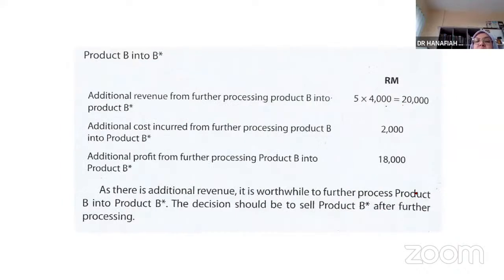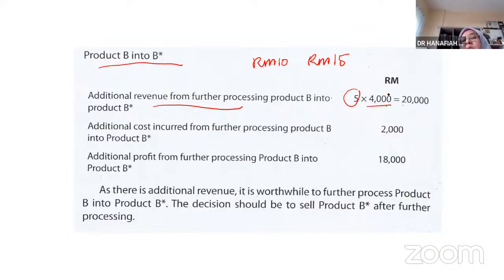However, for product B, the previous price at the split-off is 10 ringgit. If you proceed to further process, it increases to 15 ringgit, meaning you earn an additional 5 ringgit, and you have 4,000 units of product B. Now you earn 20,000.